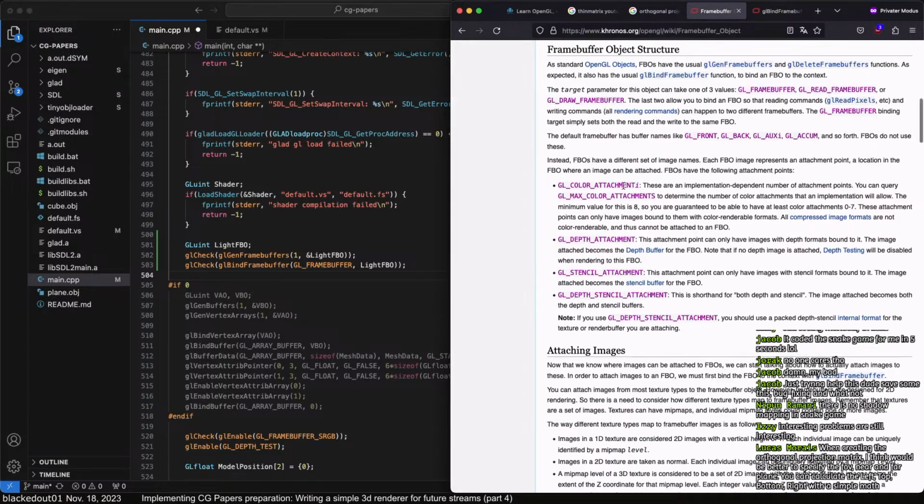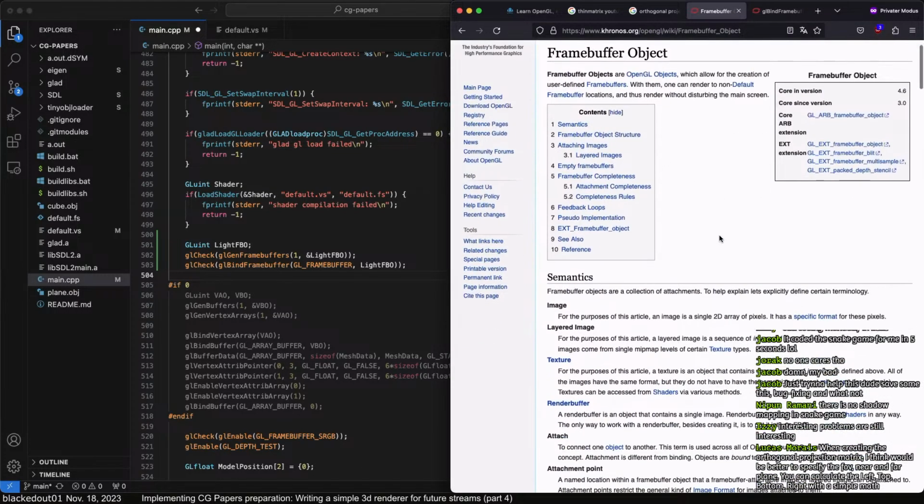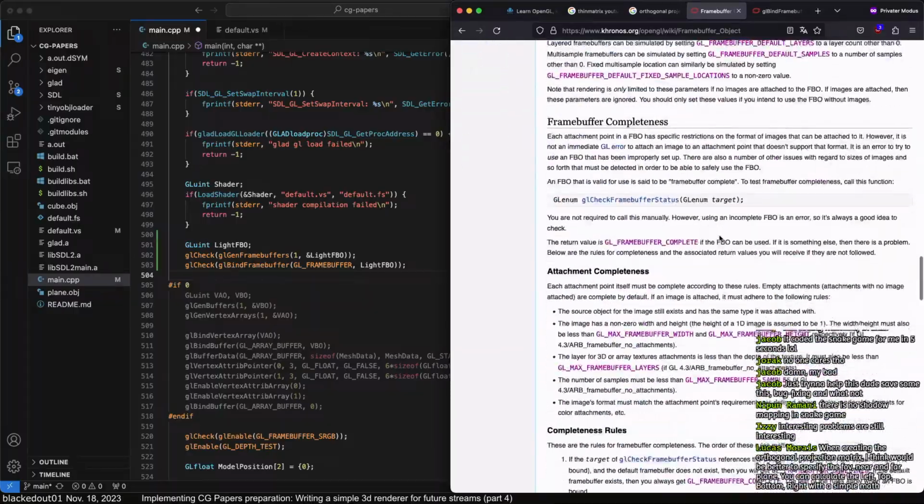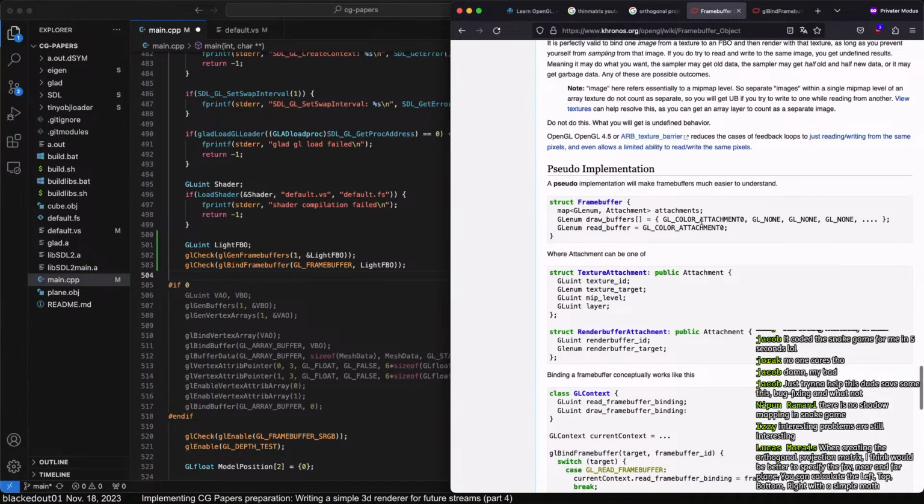Now somehow these frame buffer objects are default initialized with these GL color attachment zeros. So when you do nothing with the frame buffer, you have these default color attachments. It says we have a color attachment, but we don't want this, we just want to have a depth buffer.